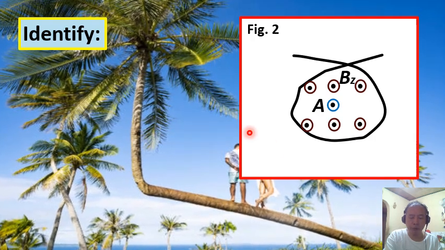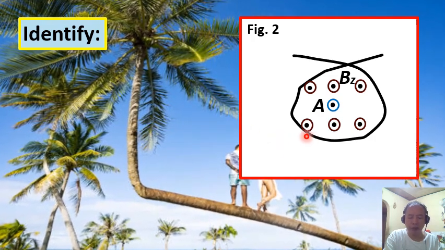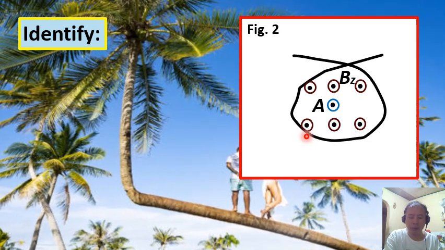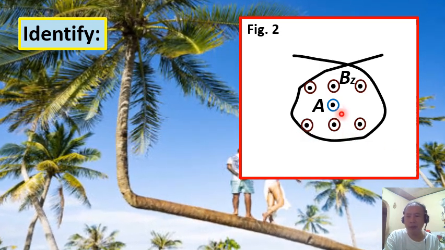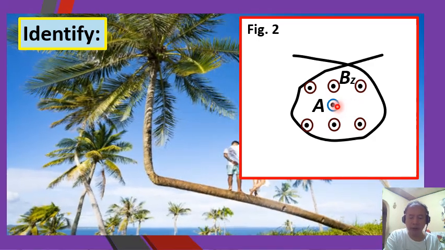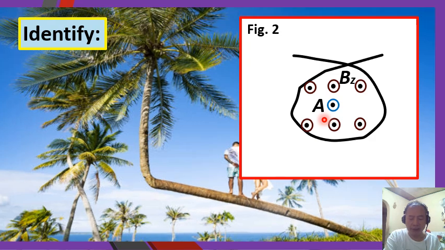In figure 2, we can imagine the cross-sectional area of one of the loops of the coil such that its axis is perpendicular to the xy plane.